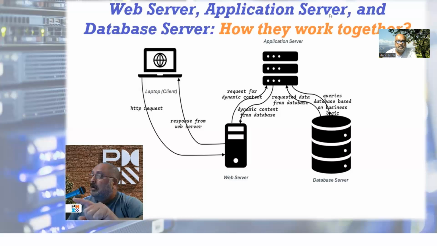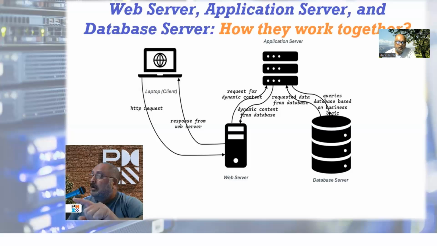So if you see this, this is your computer here. You type, and then the HTTP request goes to the web server. The web server is a computer that handles all the HTTP requests coming from the client, from you.